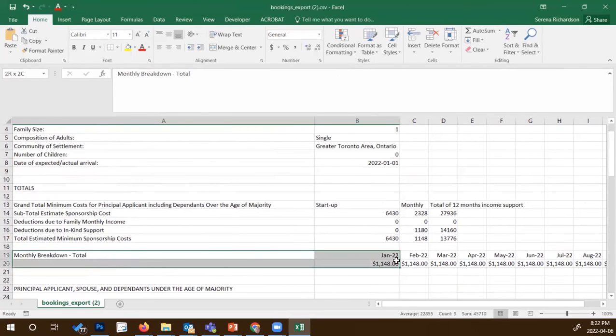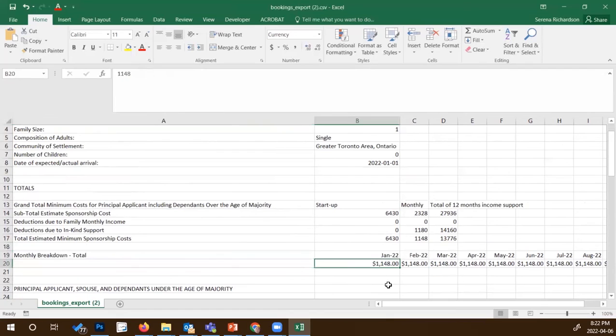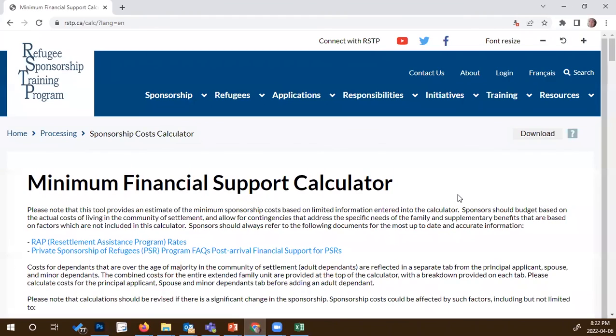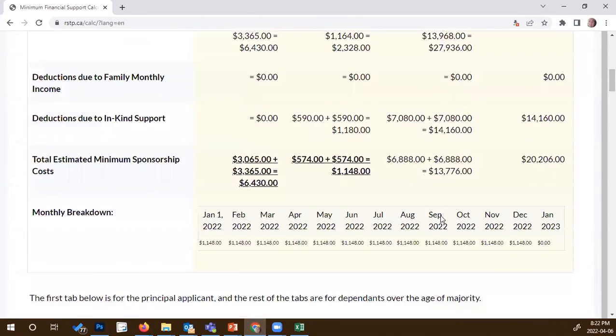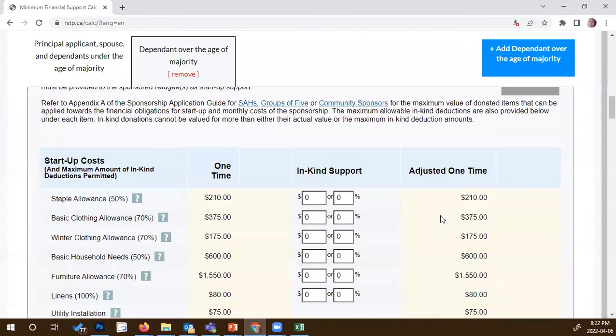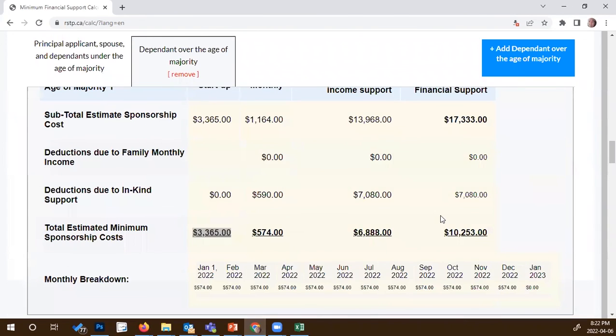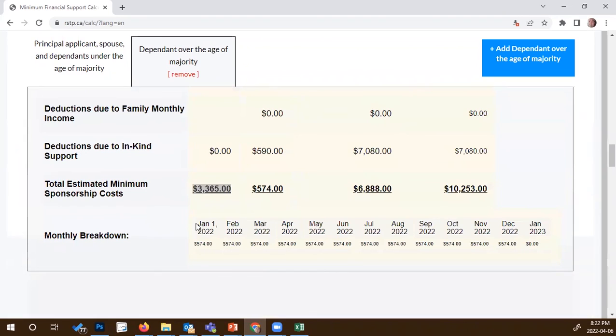So even though in your report, you can see that there is a monthly breakdown total here, that's so you can budget when you're calculating the total cost of sponsorship to bring the two of them together. However, it is important for you to realize that when you look at each of these tabs, that's why you have the breakdown amount per person. So this dependent who's over the age of majority, this is how much they have to receive themselves in their own bank account.